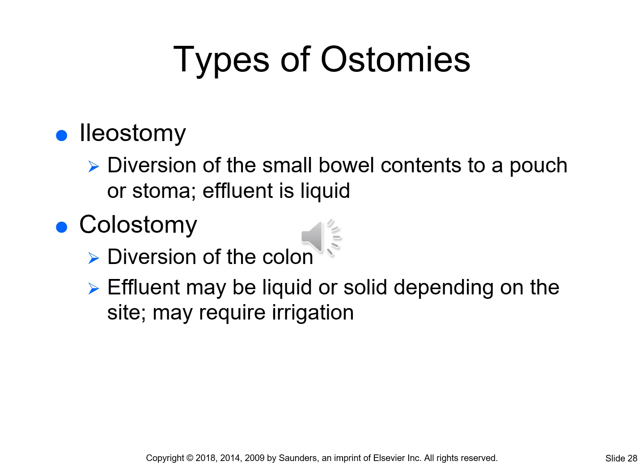If it's in the transverse colon, then it's not going to be formed, but it's not going to be as liquidy either because it's gone through the colon a little bit, and so some of the fluid has already been absorbed. And if it's in the descending colon, then it's going to have gone through the colon. So the stool in the descending colon will be more formed.